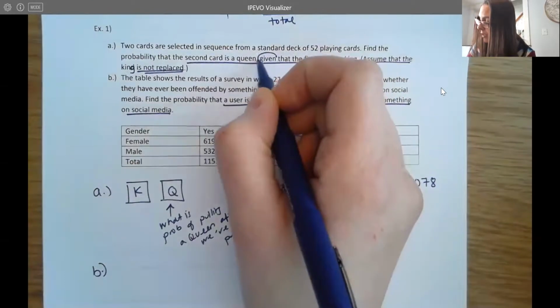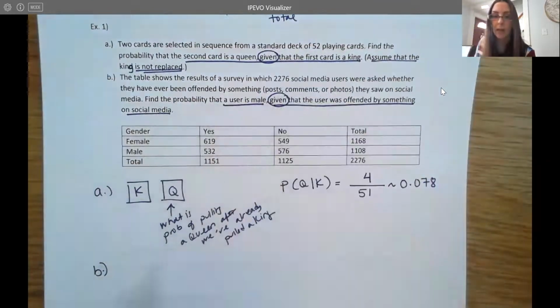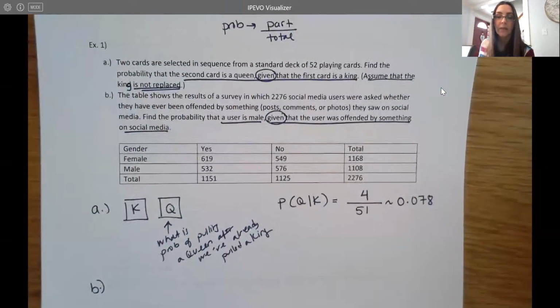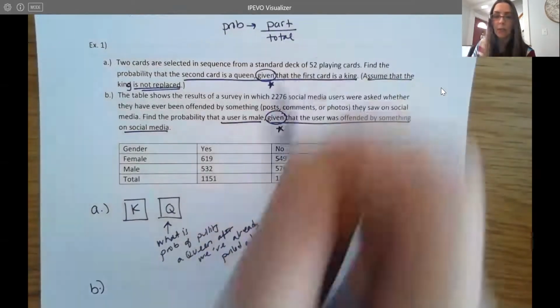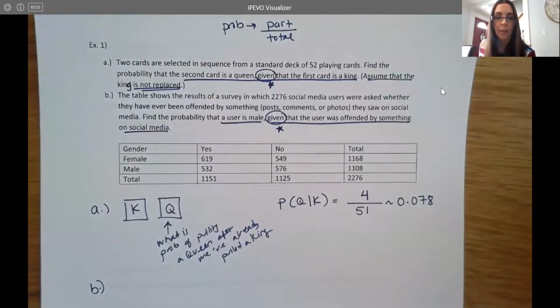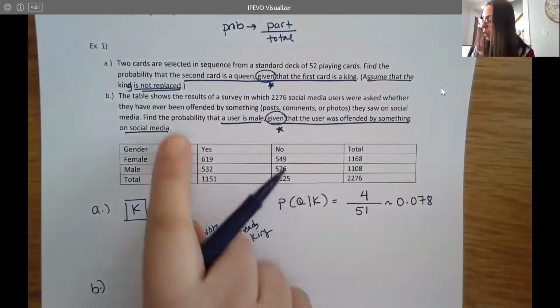This word given is a really big flag that you have some sort of conditional probability. So you have one event occurring after another event has already happened. There are other ways to phrase things too, but that word given really comes in a lot when you see conditional probabilities.